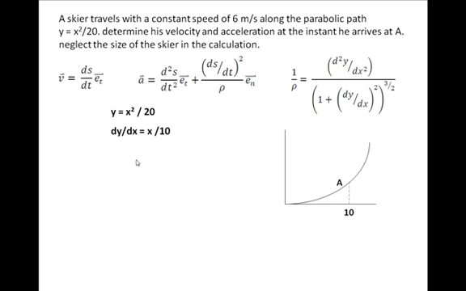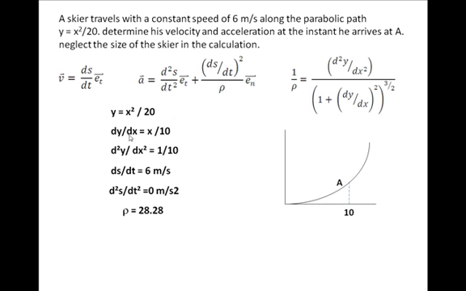So you find dy by dx, and d square y by dx square. Then you are given ds by dt as 6 and it's constant, so automatically d square s by dt square becomes 0. Now these you can use to work out rho.